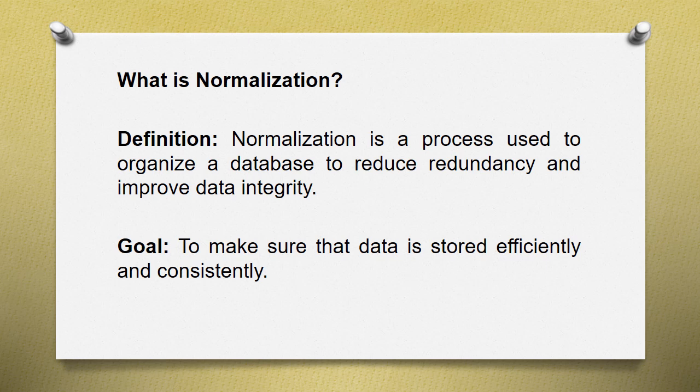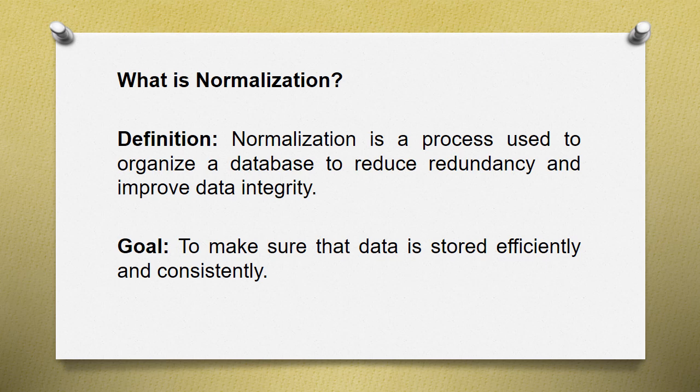What is the meaning of this? Reduce redundancy means there should not be any kind of duplicacy in the data. There should not be any repeated data in the system, because repeated data occupies extra space, and extra space will certainly create unnecessary cost. So we should reduce redundancy.